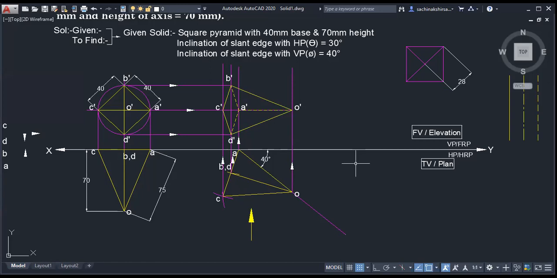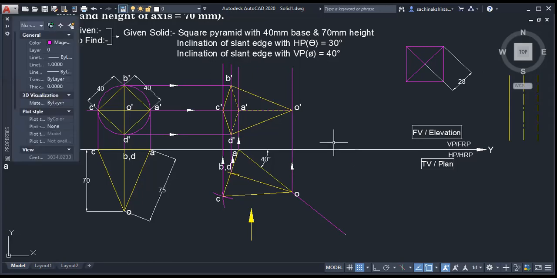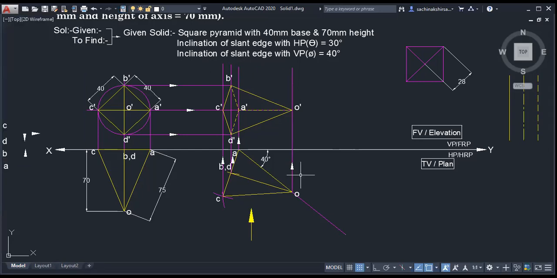So B dash to O dash joined, A dash to O dash earlier we have joined, D dash to O dash. While joining C dash to O dash by dark line, that dotted line will get overlapped. So that dotted line will convert into dark.